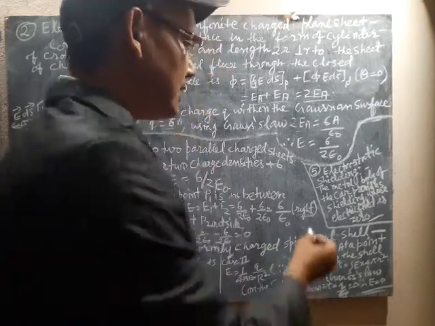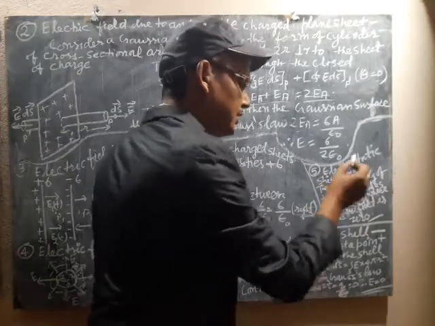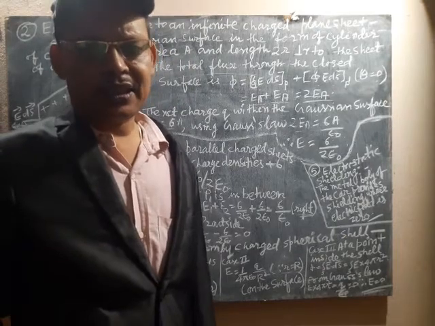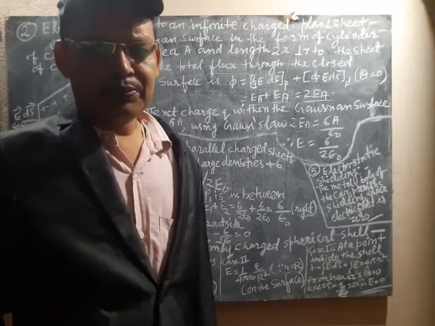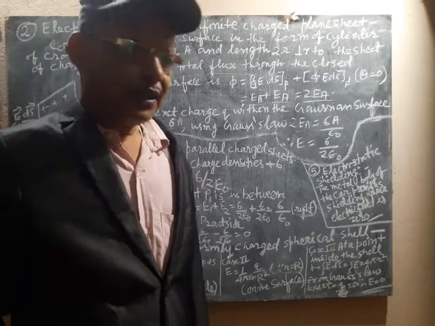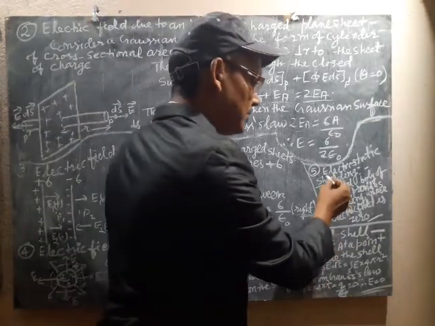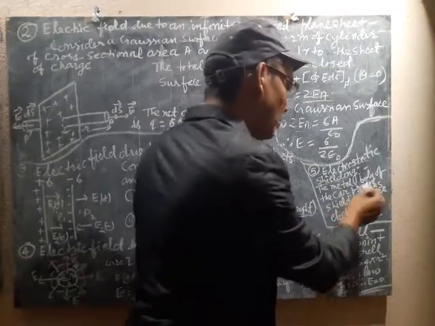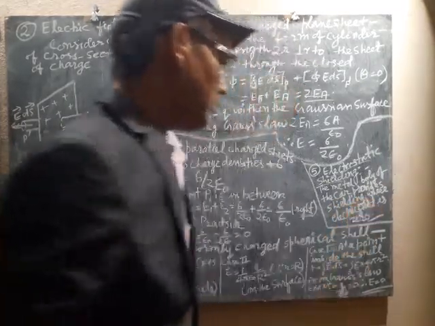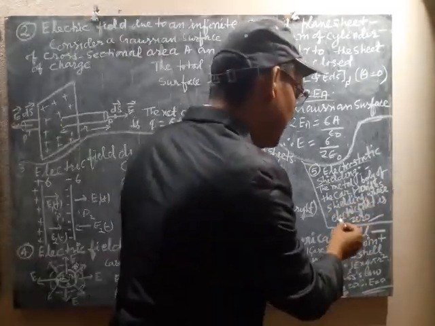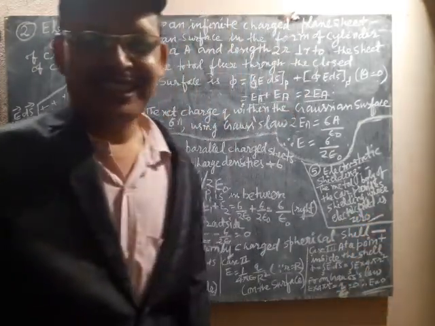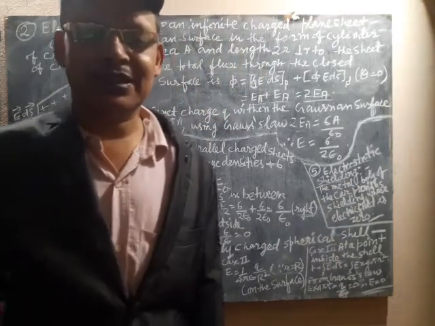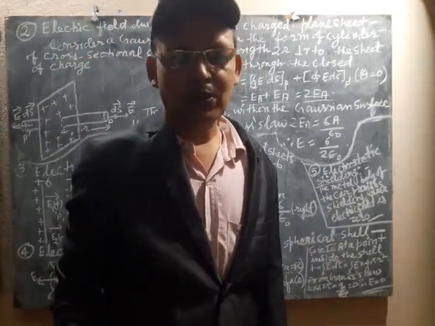This is electrostatic shielding: the metal body of the car provides shielding where the electric field is 0.